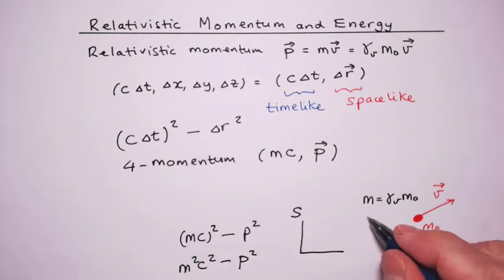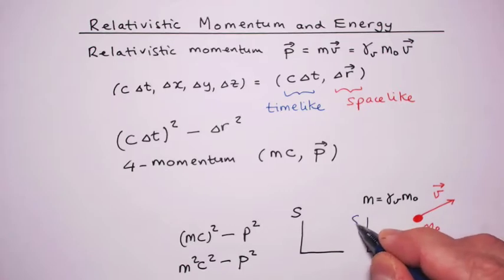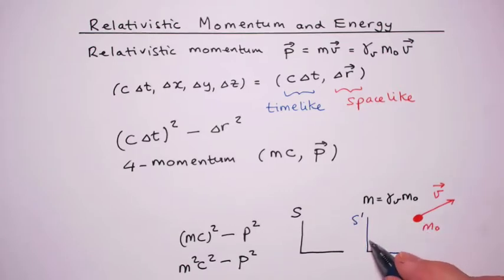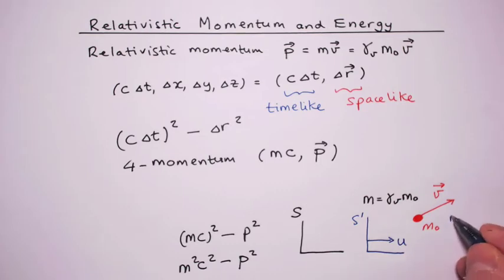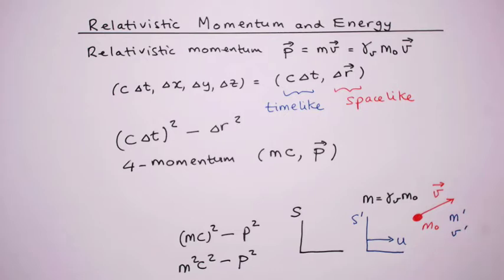Because it is invariant, its value is the same in S and in another inertial frame S', in which it has mass m' and speed v'. Recall that S' moves with speed u in frame S along the x-axis. So m'^2 c^2 - p'^2 = m^2 c^2 - p^2.